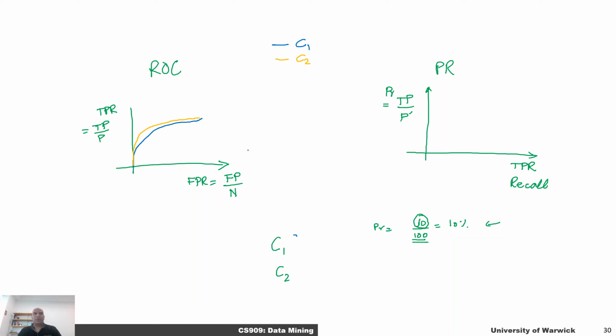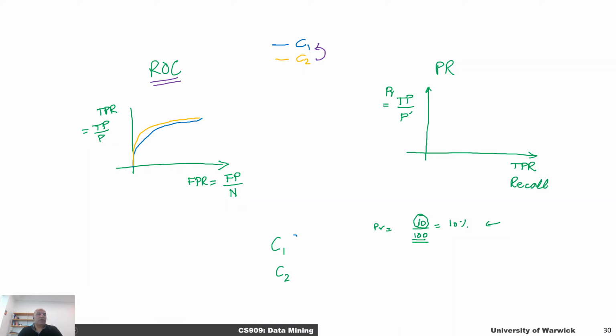If you map these over to the PR curve, if a classifier, let's say C2 in this case, dominates C1, okay, let me use a different color again. So if a classifier C2 dominates C1 in the ROC space, then it's going to dominate the same classifier in the PR space as well.